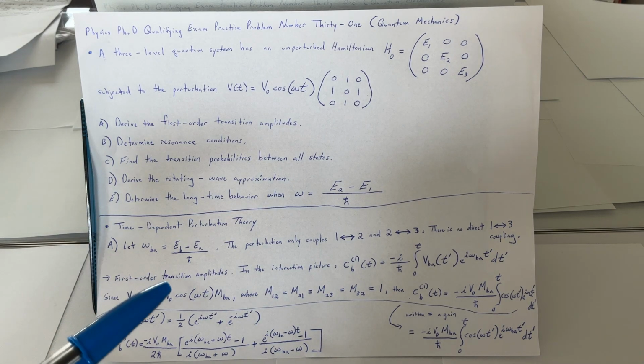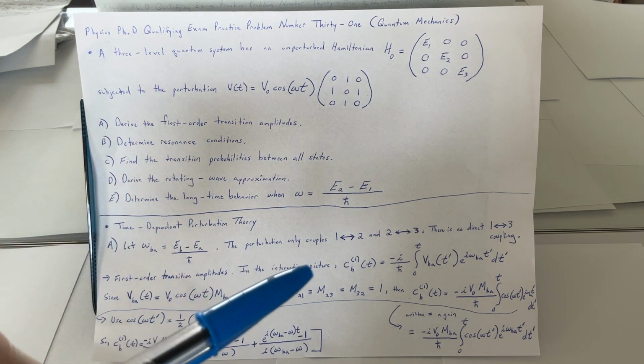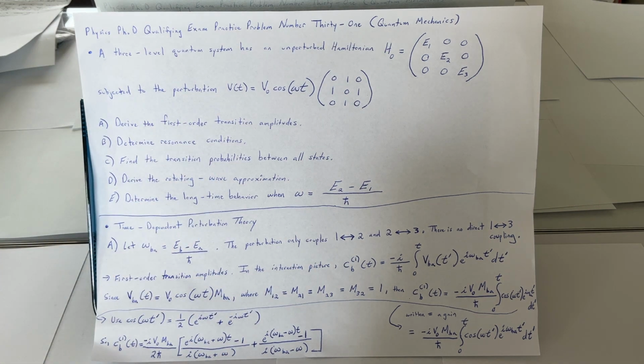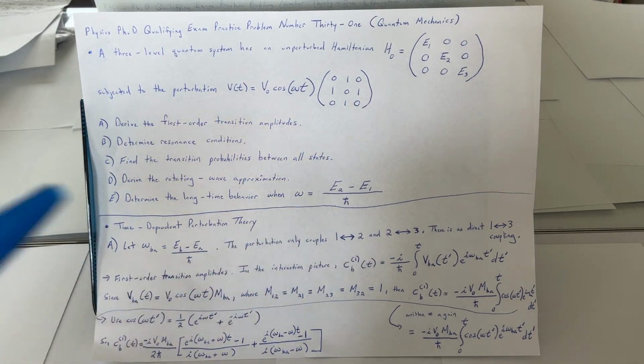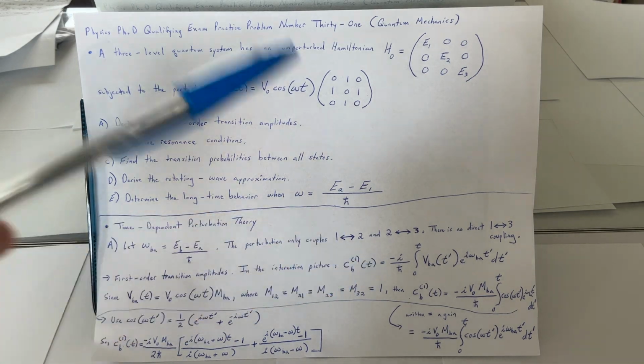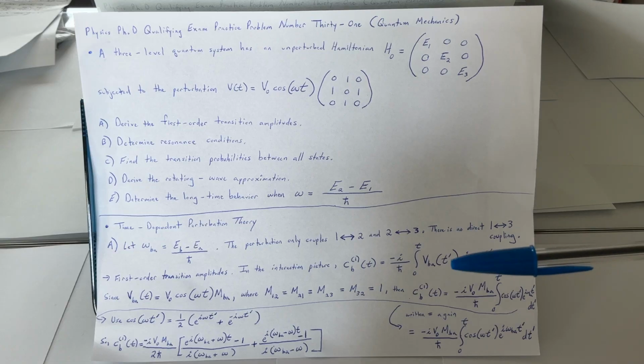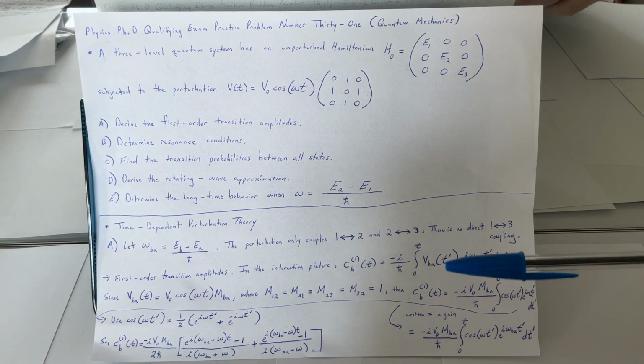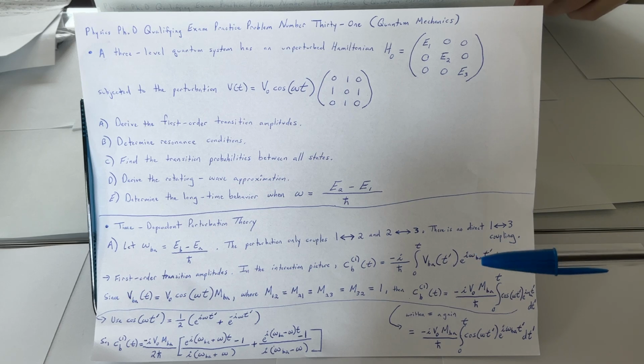So our first order transition amplitude, in the interaction picture, C sub B first order of t equals negative I over H bar times the integral from 0 to t of V sub BA of t prime, e to the I omega sub BA t prime, dt prime.